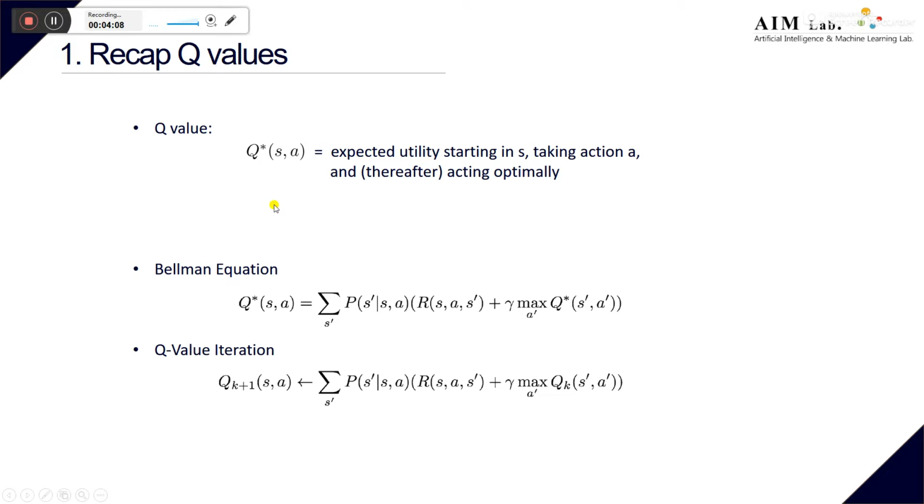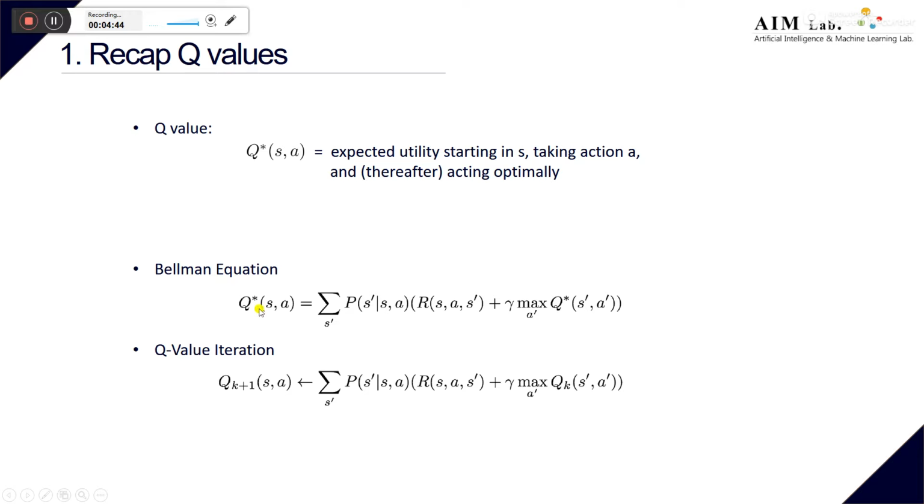In Q-value iteration, we define the optimal Q-value, which is the expected utility, the discounted sum of rewards. We start from the current state S, take action A, and thereafter we act according to some optimal policy.